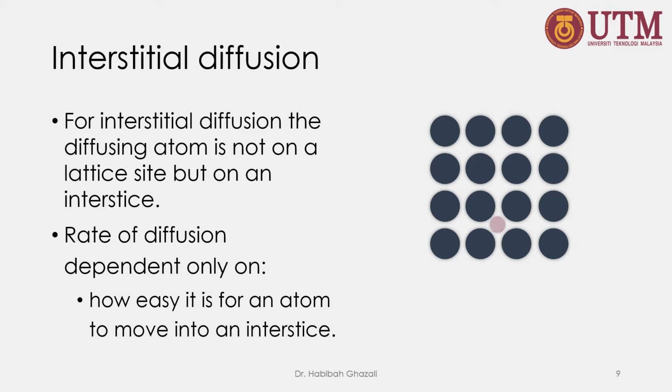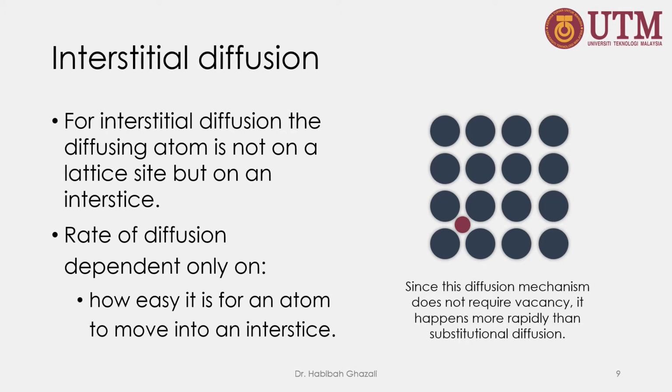So these atoms do not require a vacancy defect because all crystals have interstitial space. If the atom has a size that can fit into that interstitial space, that atom can easily diffuse into that material if the size is appropriate to the size of the interstitial of the host material. So since this diffusion mechanism does not require a vacancy, it happens more rapidly than substitutional diffusion.